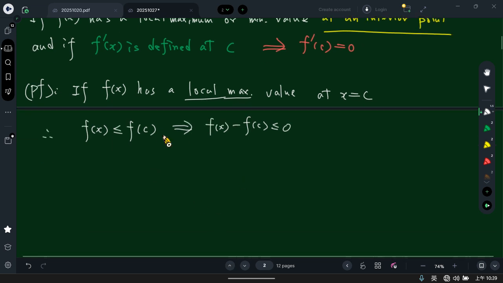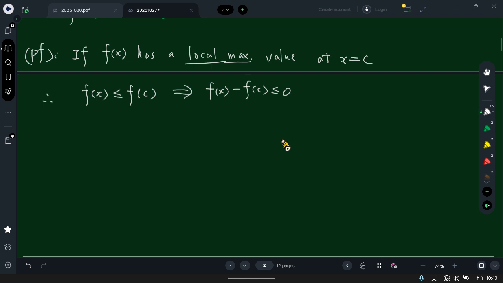That's no problem, because we have this inequality, we simply move f of C from the right hand side to the left hand side.